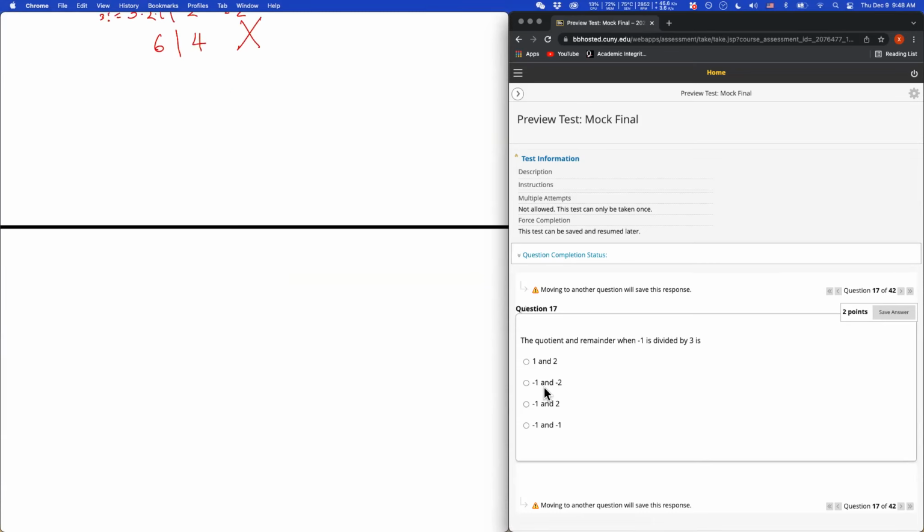Now here it's asking what's the quotient and remainder when -1 is divided by 3? Well, to find the quotient and remainder, that means our divisor is 3, and you want the remainder to be greater or equal to 0 and strictly less than the divisor, which is 3.